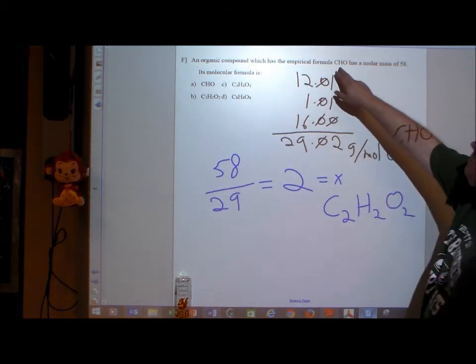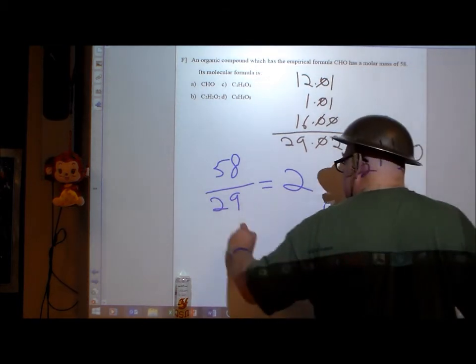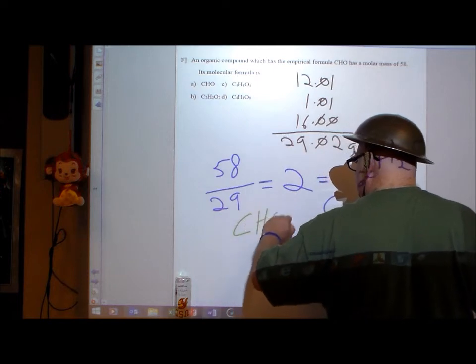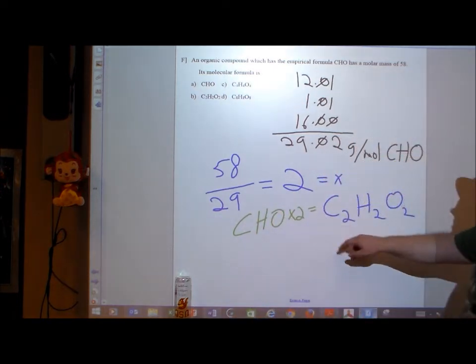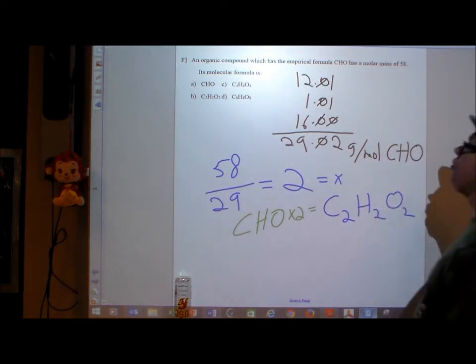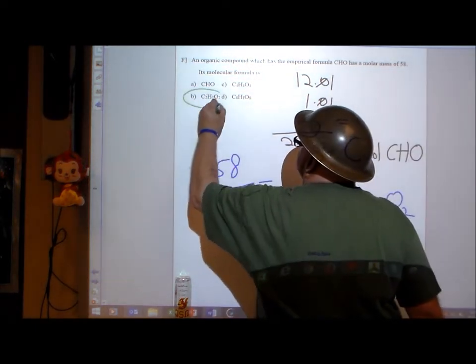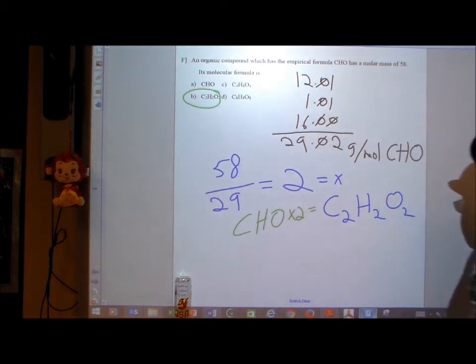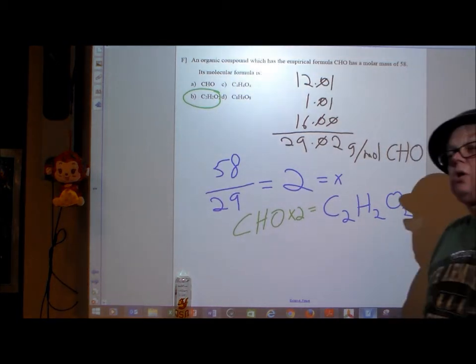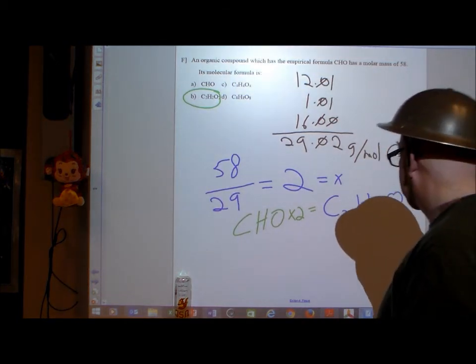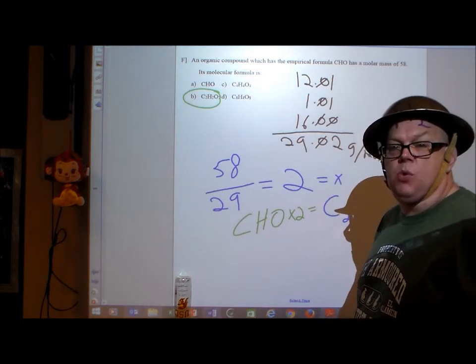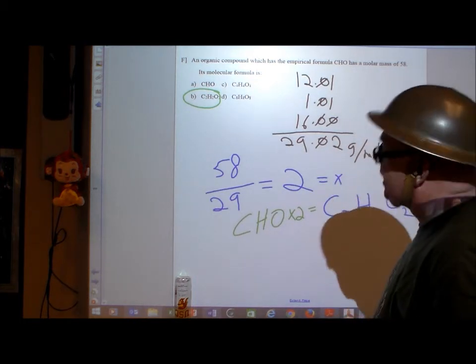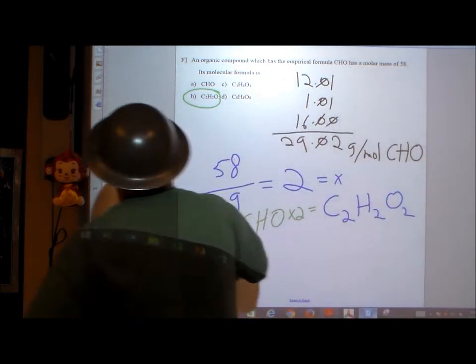Because our original empirical formula was CHO, but when you multiply by 2, you get C2H2O2. And therefore, guys, question B is in fact our answer. Yep. Alrighty. Any questions on this one? Okay, awesome.